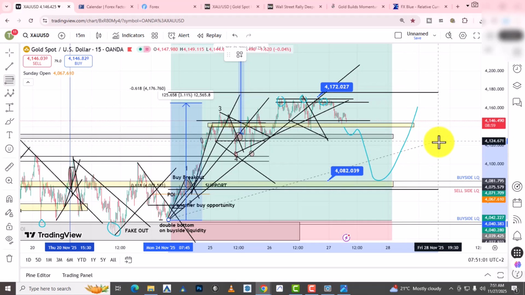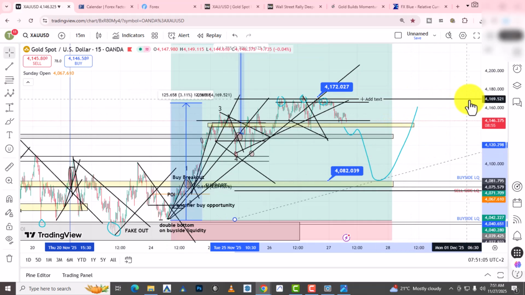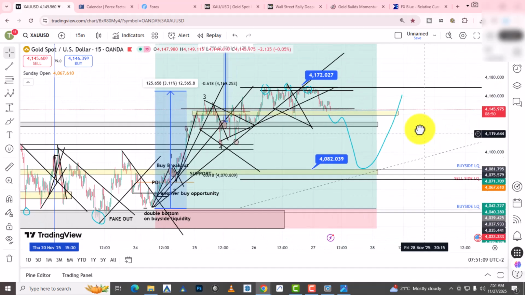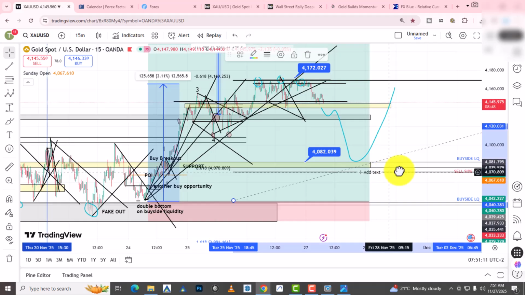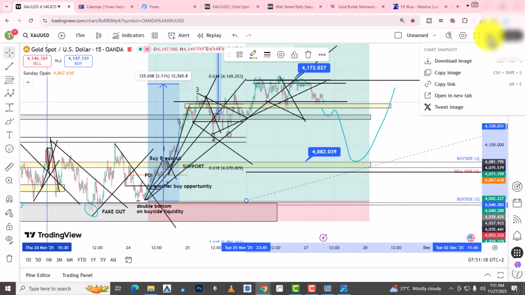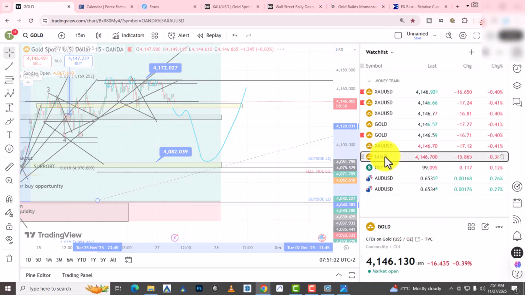We're going to look for that. So basically that correction of 3%. This is it. So we can look for a clean chart. Let's do a clean chart together.